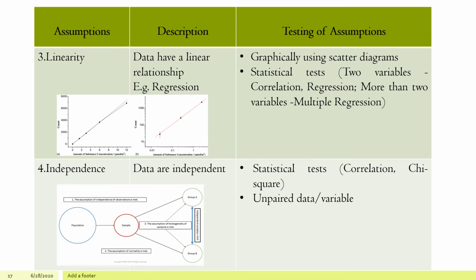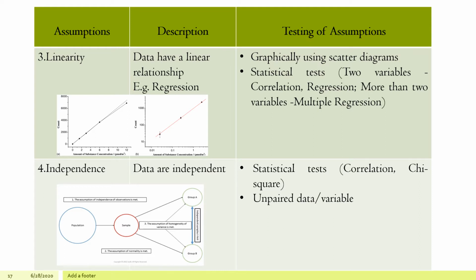For example, dental caries is a dependent factor. It depends on sugar consumption, time, and oral hygiene. So when multiple factors are there, you use multiple regression. If it is a single factor, measuring only oral hygiene and dental caries, then you can use only regression or correlation.